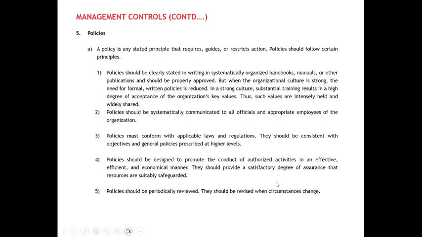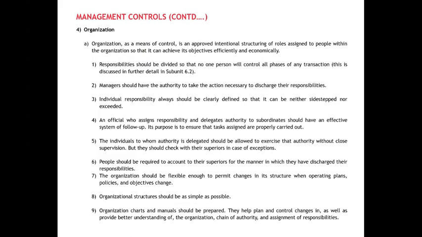Policies. When we say a company should have good policies, a good structure. In the earlier slide, we said company should have a good structure. Can you see organization, structure? All these things must be considered when you're doing an audit.